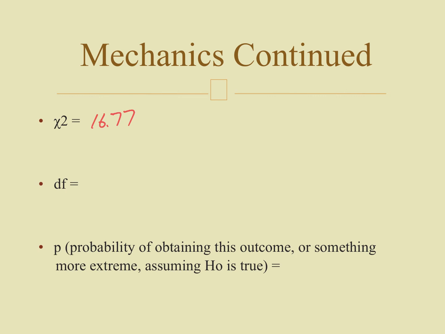We need to mention the p-value, which, as I said, was 0.0008. The degrees of freedom is the number of groups minus 1. So in this case, there were 4 sizes. So there are 3 degrees of freedom. Again, number of groups, not number of individuals. A lot of times students will take the 1,000 t-shirts and subtract 1. It's just the 4 sizes and subtract 1.